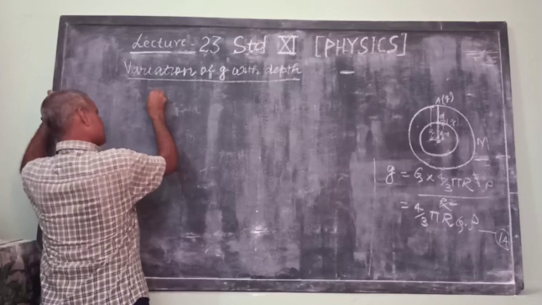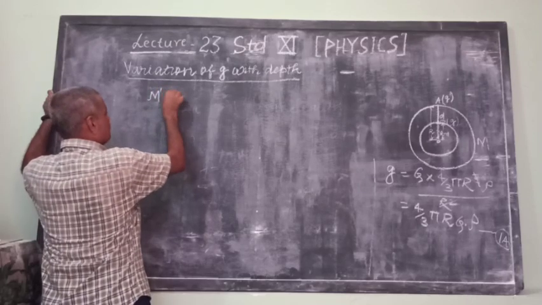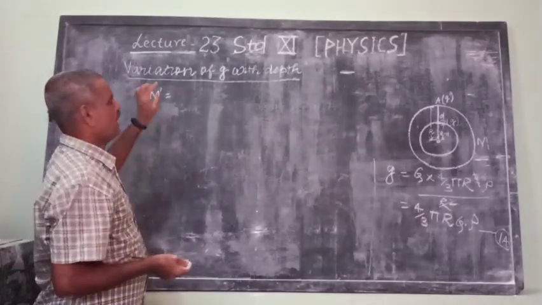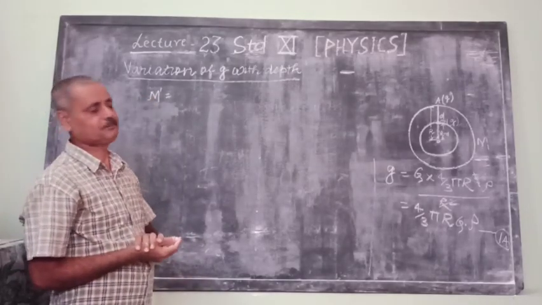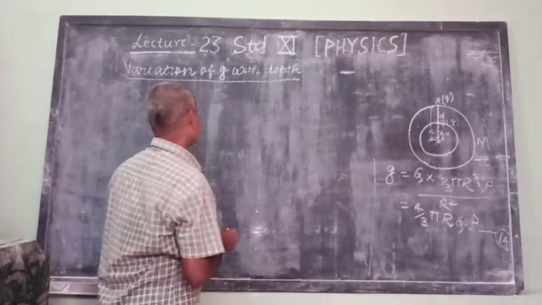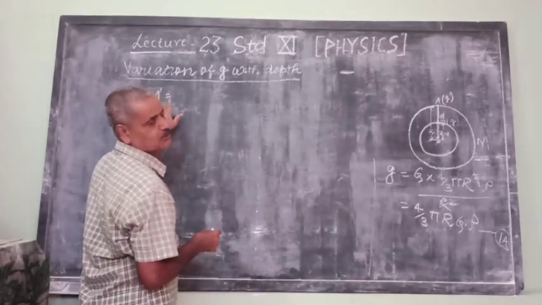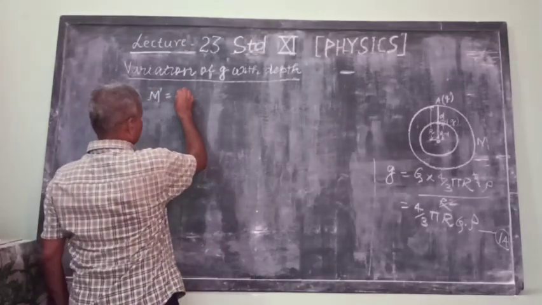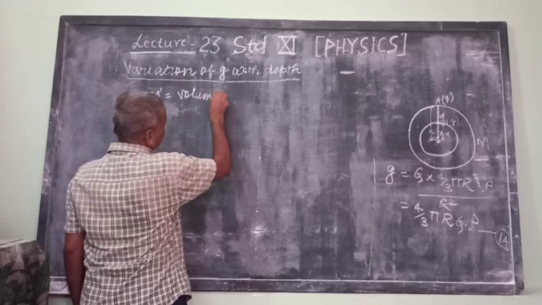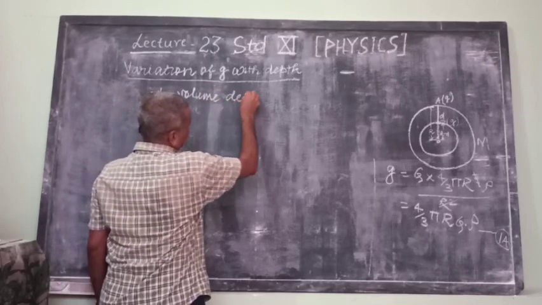M dash means mass of the inner part. Since density is equal to mass by volume, so this mass must be equal to volume into density.